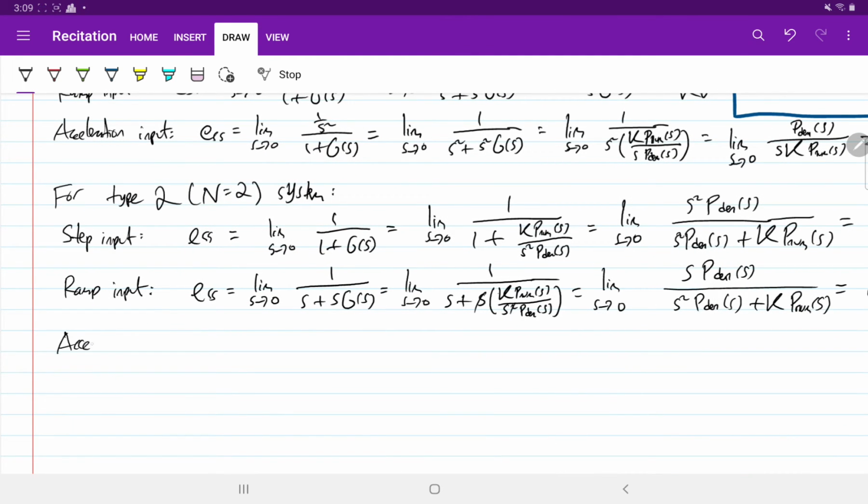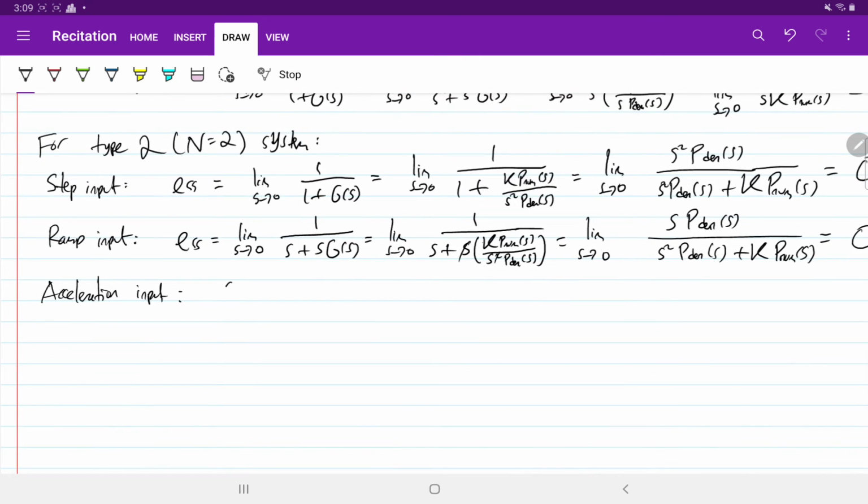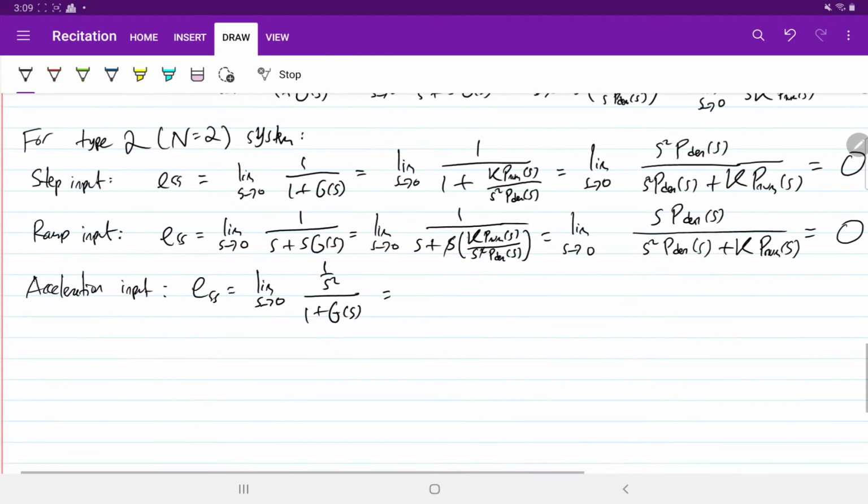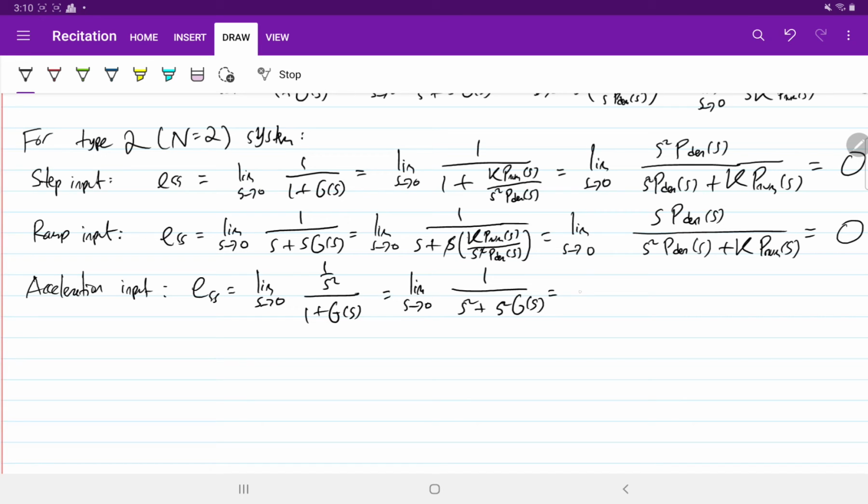For acceleration, the steady state error is limit s to 0 of 1 over s squared 1 plus g of s, right? And this is equal to limit s to 0 1 over s squared plus s squared g of s, which is limit s to 0 1 over s squared g of s.